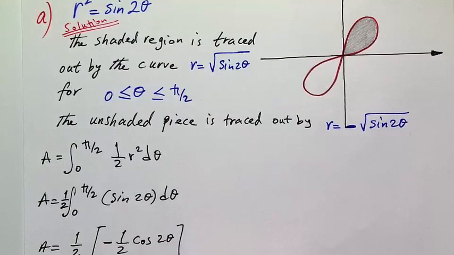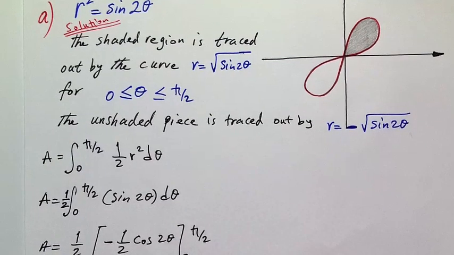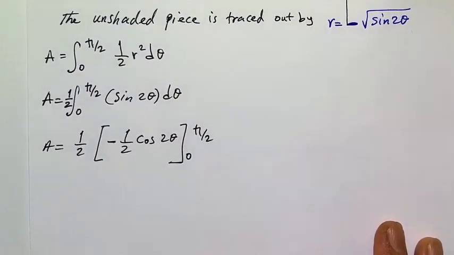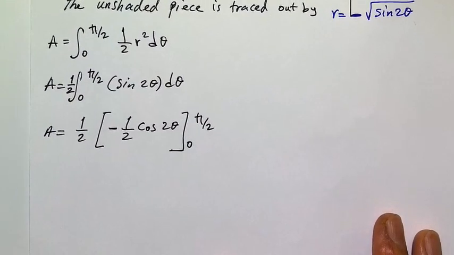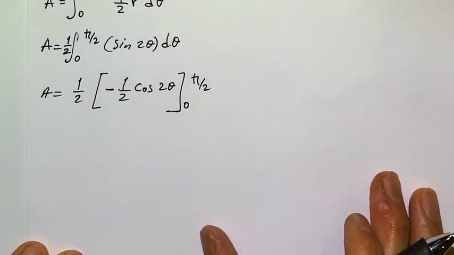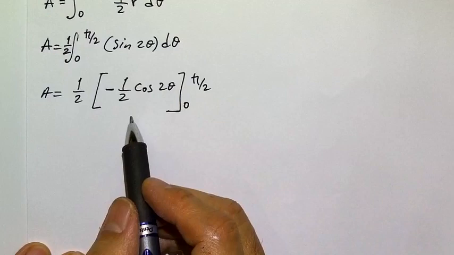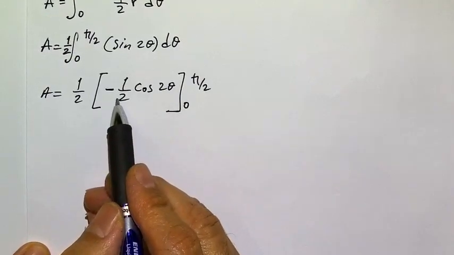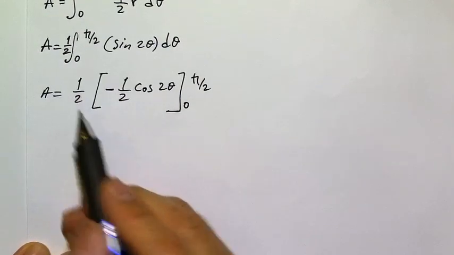And then we have going from 0 to pi over 2. Oops, sorry, I apologize. I was off the screen there for a little bit. Okay, so now let's multiply this by this.